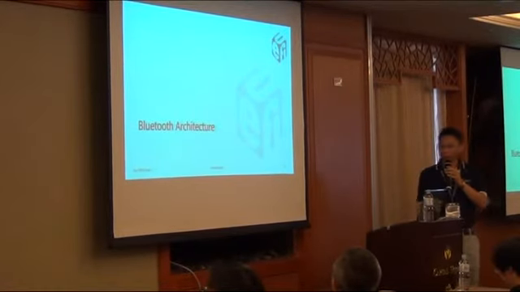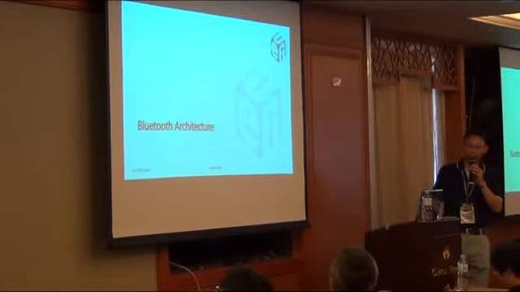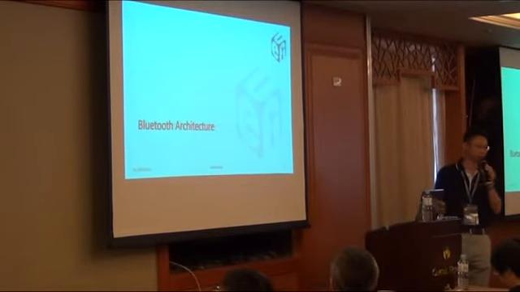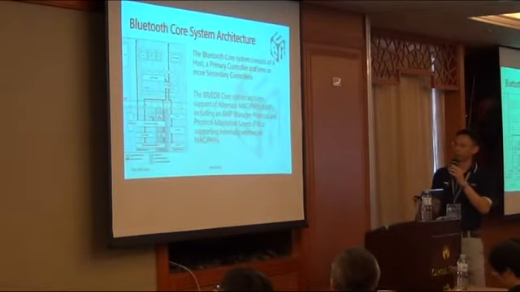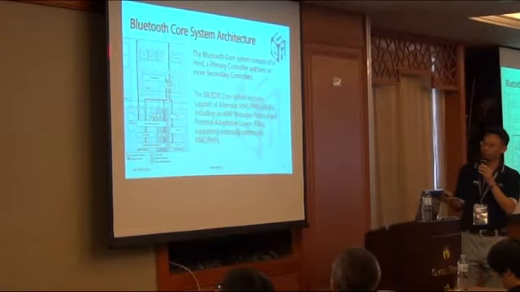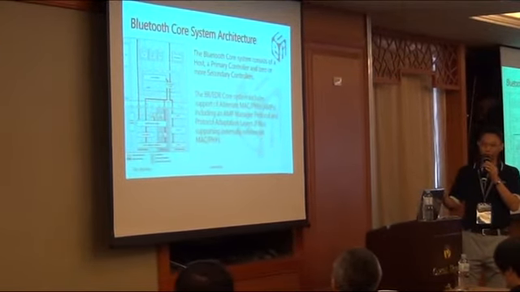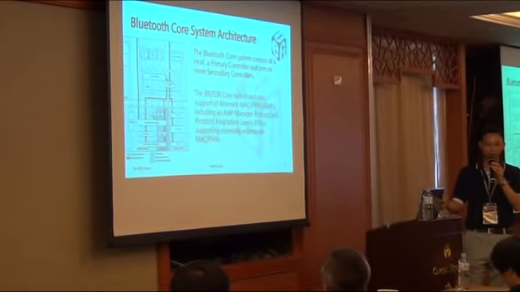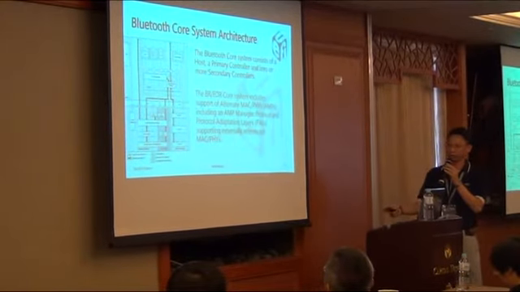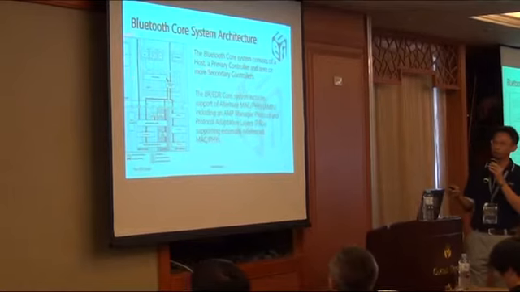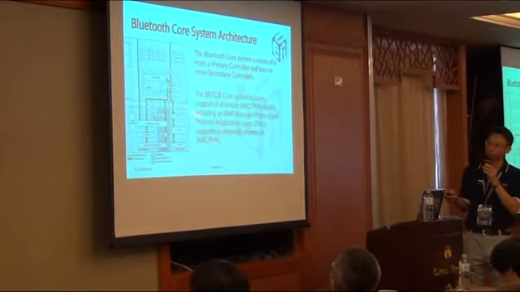Okay, so after the basic technology, we'll introduce the basic architecture. First, I will show you the core system architecture. Core system means the traditional Bluetooth, treated as a Bluetooth host or Bluetooth device. So here is a typical core system architecture block diagram.